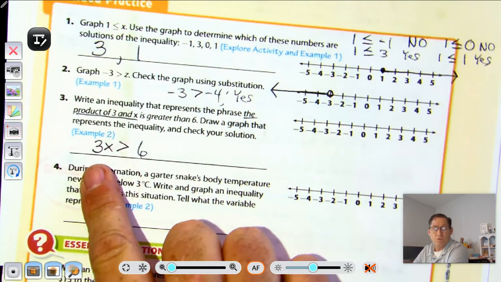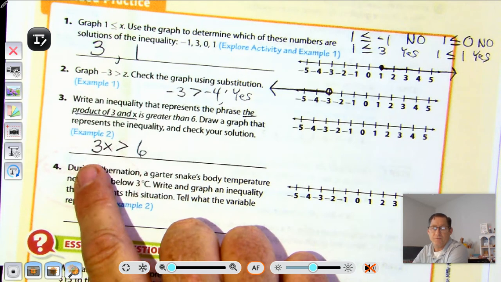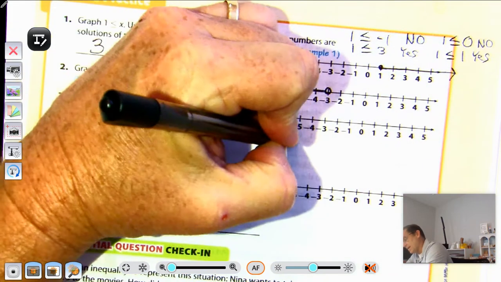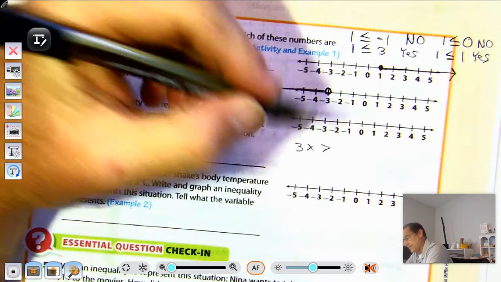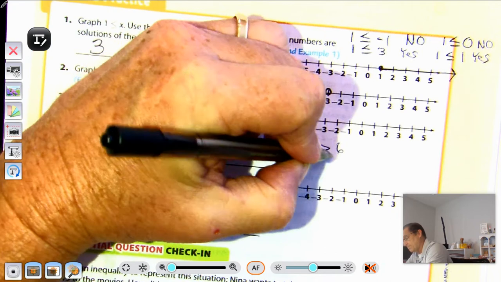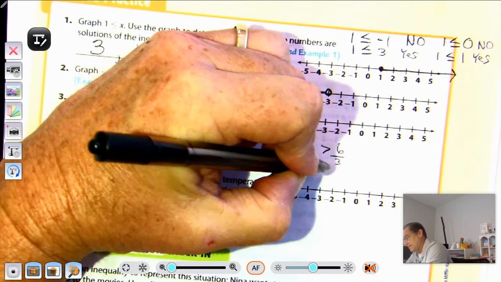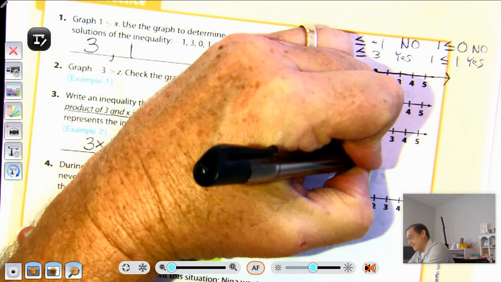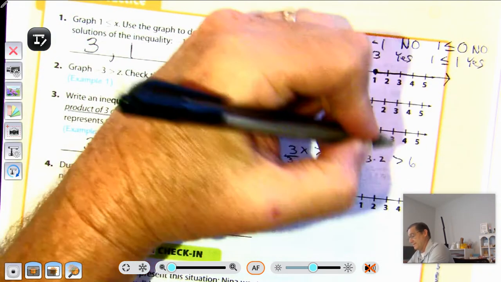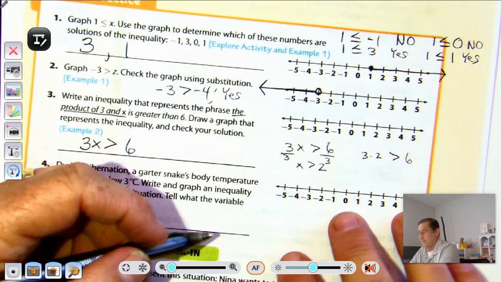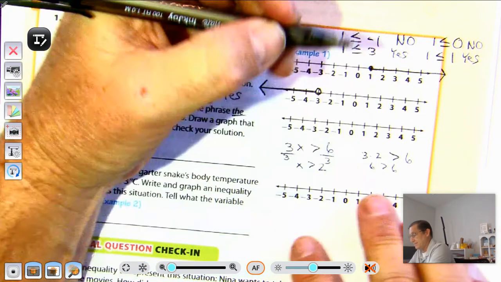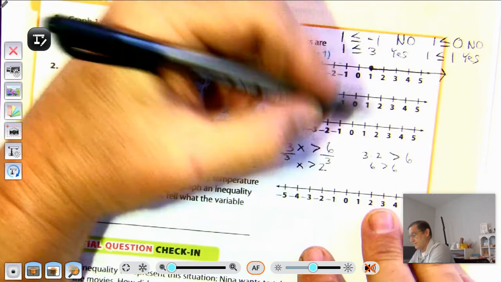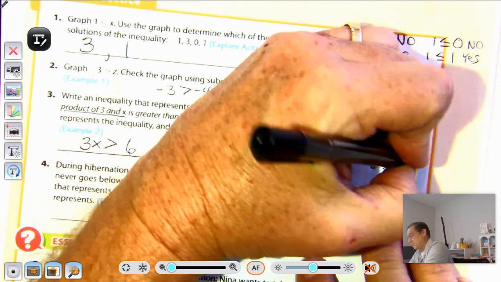So here we're multiplying the variable by 3. So we're going to divide both sides of the inequality by 3. And we get x has to be greater than 2. Because 3 times 2 is not greater than 6. 6 is not greater than 6. So 2 is not a solution.